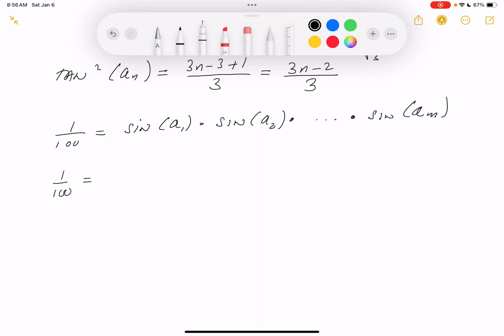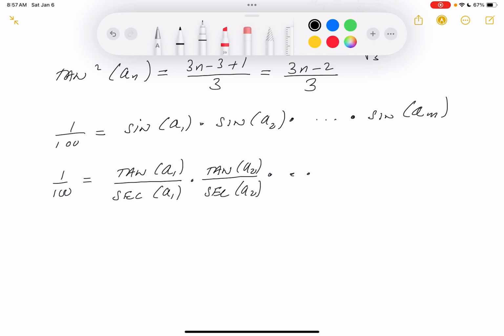And I'll write that down, hoping something nice happens. And you're going to get the tangent of A1 over the secant of A1 times the tangent of A2 over the secant of A2 times, I think you get the idea, yada, yada, yada.